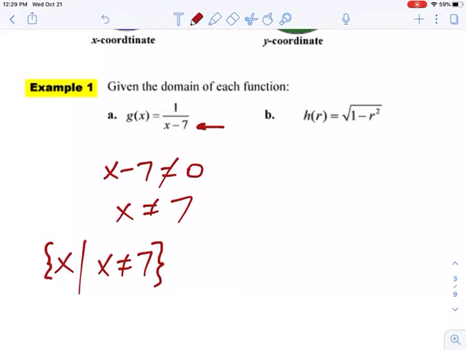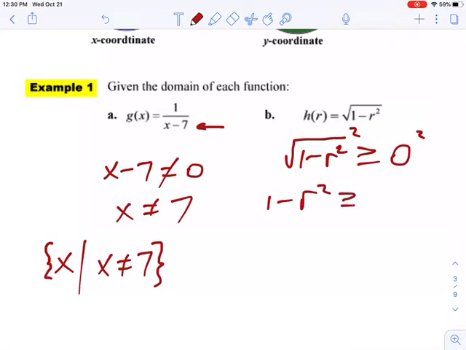Well, we know that the square root cannot be negative, so the inside has to be greater than or equal to 0 in order for it to work. So 1 minus r squared is greater than or equal to 0.